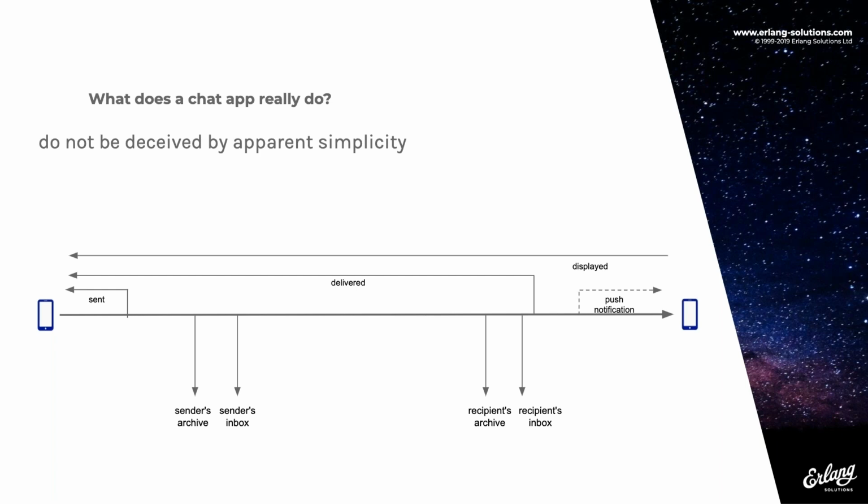So now we have another backwards message saying, okay, the message went through, just to show you another check mark. And then there's either a push notification or the message is delivered straight. And then once it's displayed on the recipient's phone, there goes another backwards message saying the message has been read, or displayed, or received.